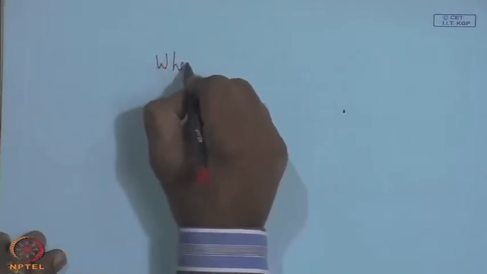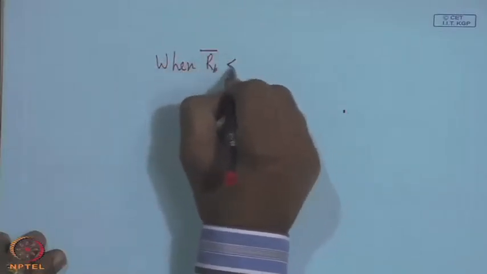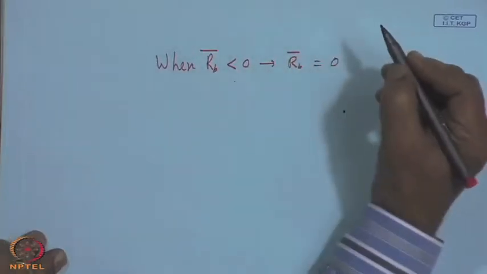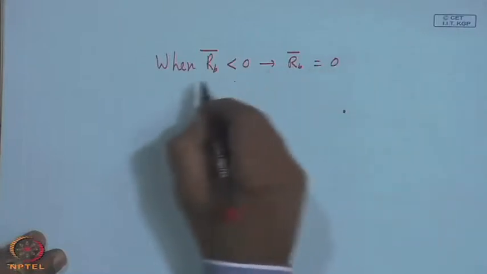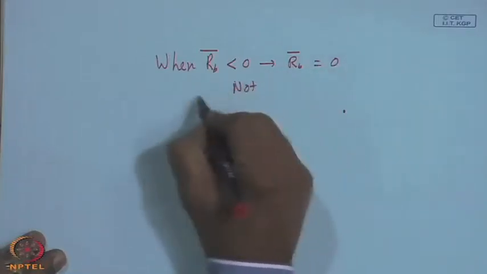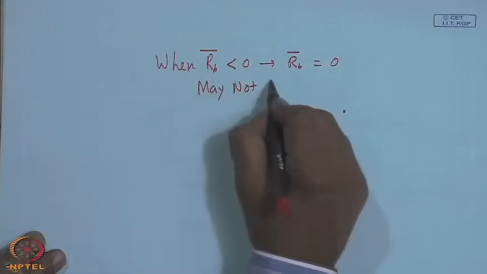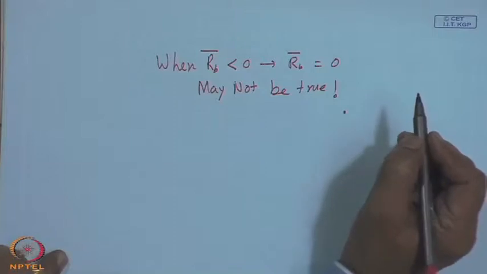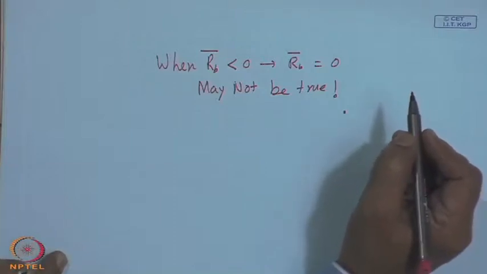As a matter of fact, quite a few occasions including in published literature, open conditions were set: if R b bar is less than 0, set R b equal to 0 is a typical computer statement, which may not be true, right.